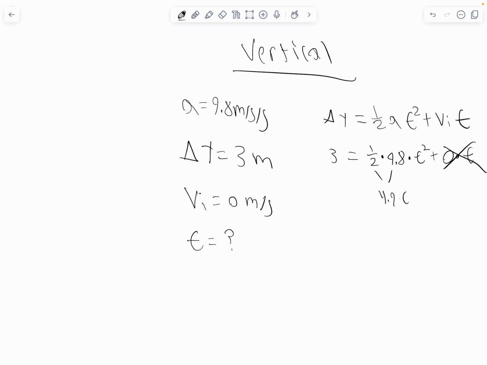T squared drops, equal sign drops, and 3 still over here. Next step to get t by itself is divide both sides by 4.9. Whatever I do on the right, I got to do on the left. We get t squared equals 3 divided by 4.9, which should give us 0.61. I did the calculations before this to make this video a little quicker.